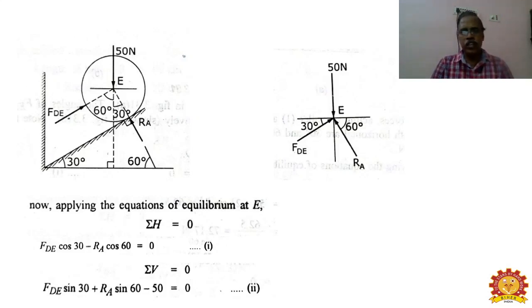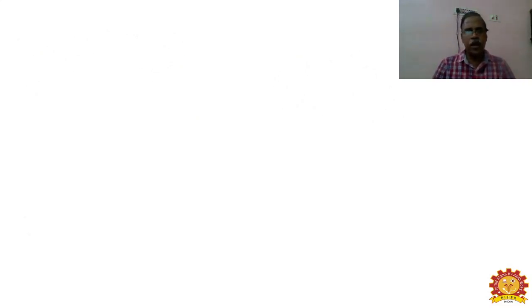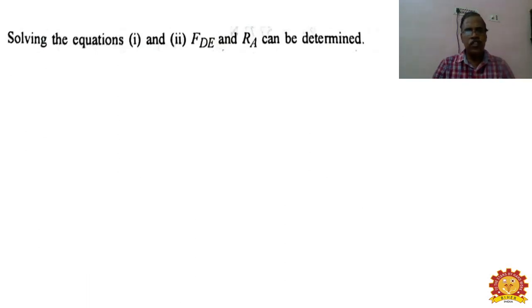So I have got two equations. If you notice in these two equations, FDE as well as RA is common. So you can eliminate any one unknown value by equating 1 and 2, and we can get the solution one by one. That is what you are going to see here.